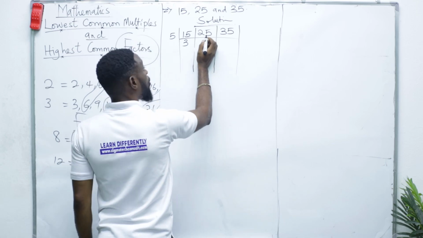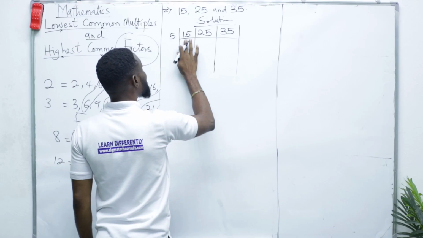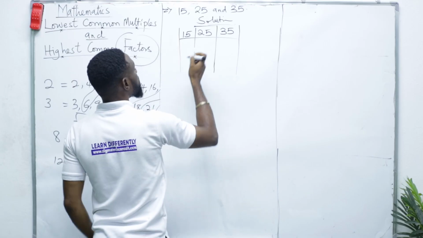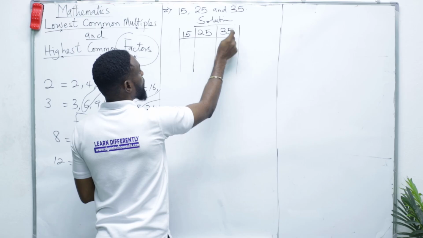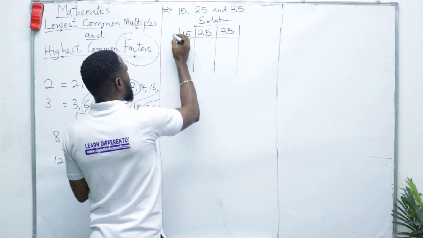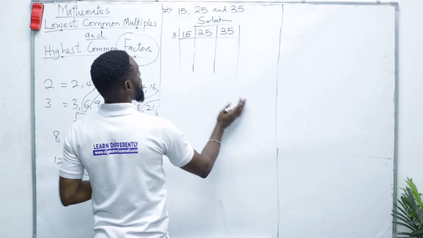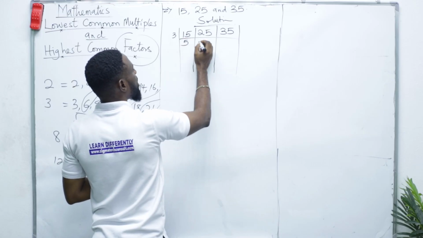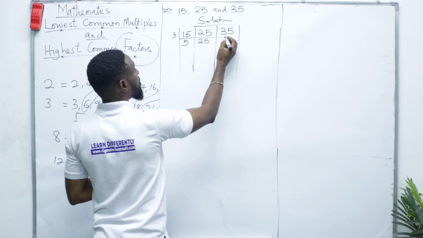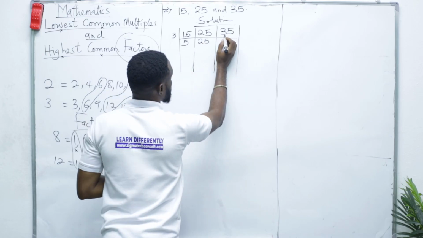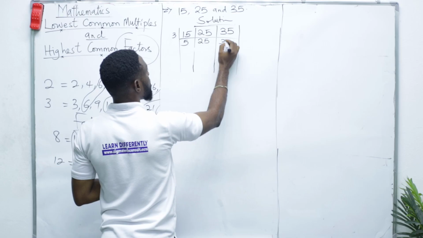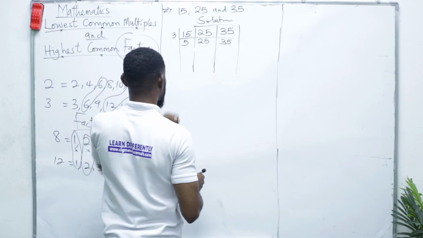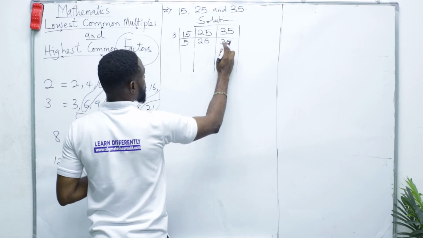We can start with the least factor, even if the factor cannot divide all of them. So let's start with 3, so it will be easier for us when we multiply. 3 here will give us 5. 3 here will not go, so we'll bring 25 down. 3 into 35, we'll bring the 35 down, because 3 cannot go there without remainder.